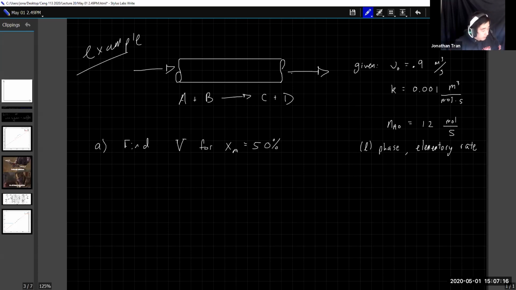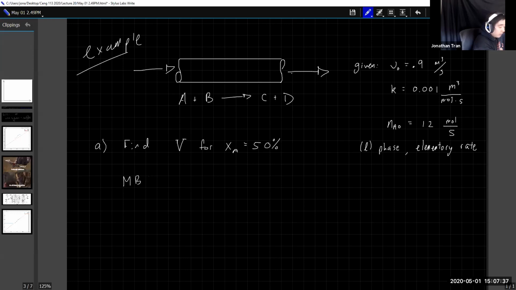And so in this case, this first part is relatively straightforward. I think it's similar to an example that Dr. Drews went over on Wednesday, if I'm not mistaken. But if you aren't sure where to start, if we're solving for volume, the material balance is always a really good place to start.